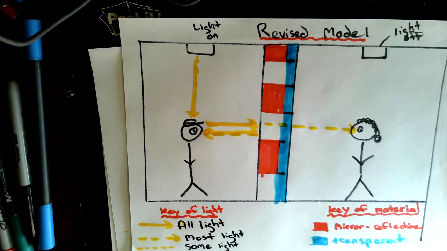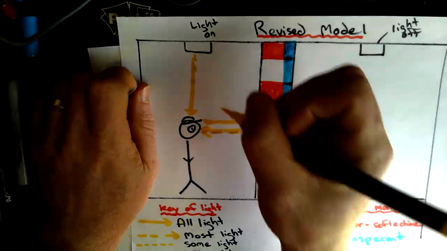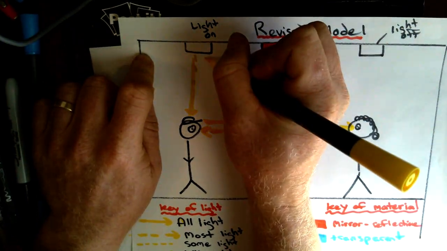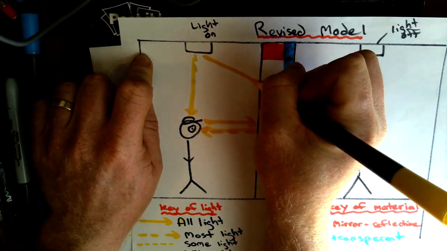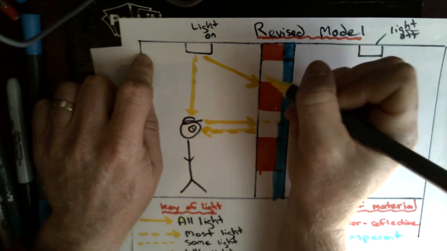Now, I think at this point it might be useful for us to think, okay, light actually travels from that light source in many directions, not just straight down at the student. So if we were to present another path of light, maybe coming at this angle, how could we do that?